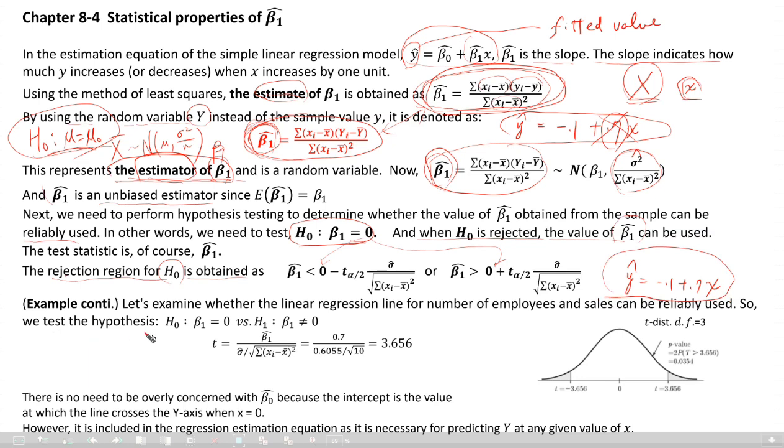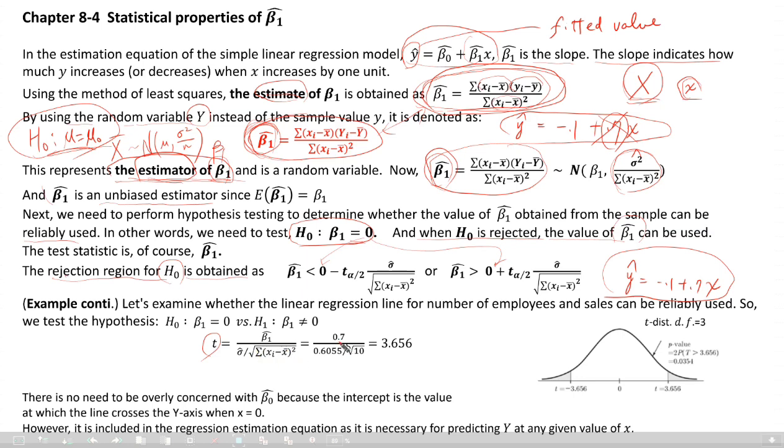So we test the hypothesis H0: beta 1 equals 0, against H1: beta 1 is not equal to 0. For the t value, we use the t distribution: beta 1 hat divided by sigma hat over the square root of the summation of xi minus x bar squared.